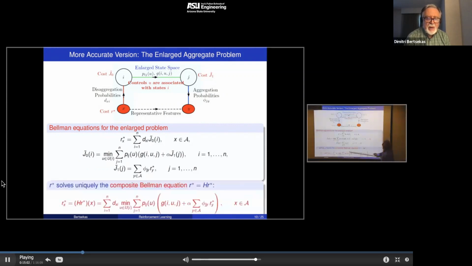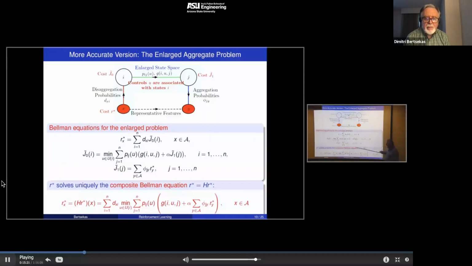If I take this J1 tilde and plug it in here, and then take the resulting J0 tilde and plug it in here, I eliminate J0 tilde and J1 tilde. And I end up with this equation. Okay? You see what I've done?